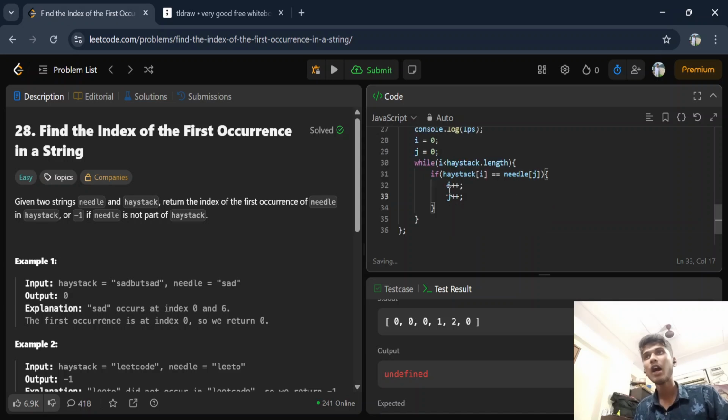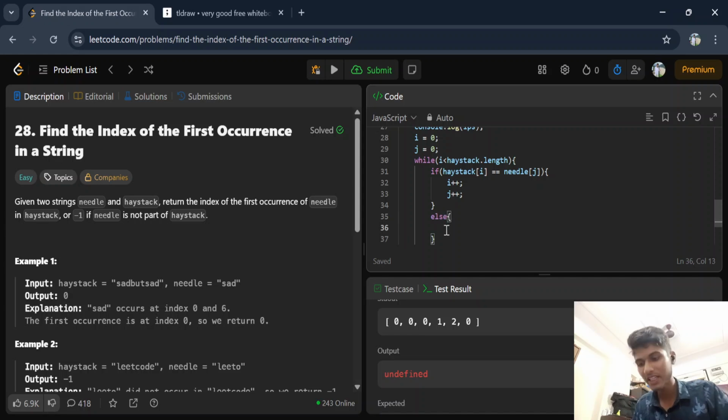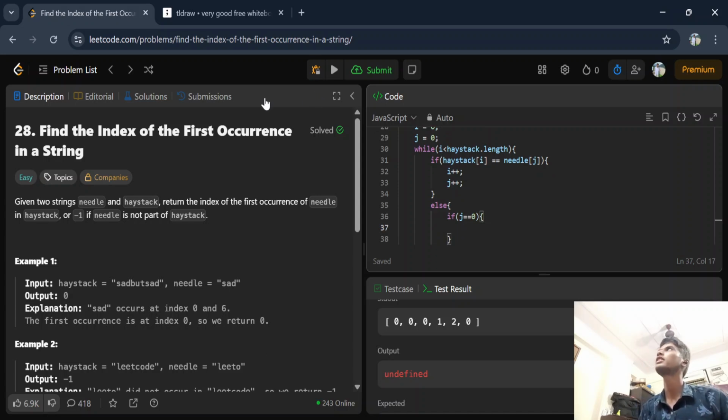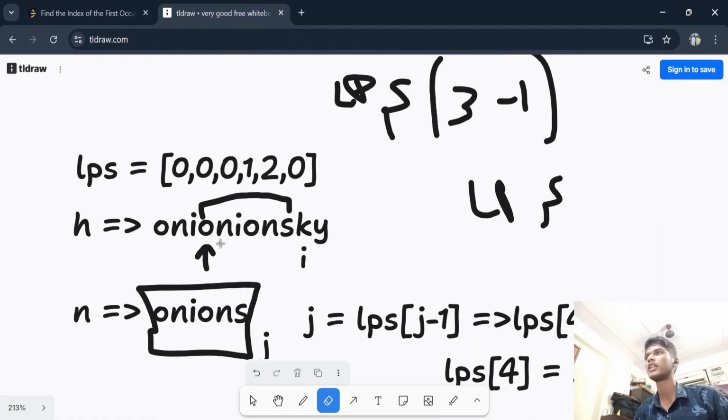No worries. And if not, else. So again, in this else condition, we will have two conditions. What are those two conditions? If j is at the 0th index and they are not matching, then what will we do?